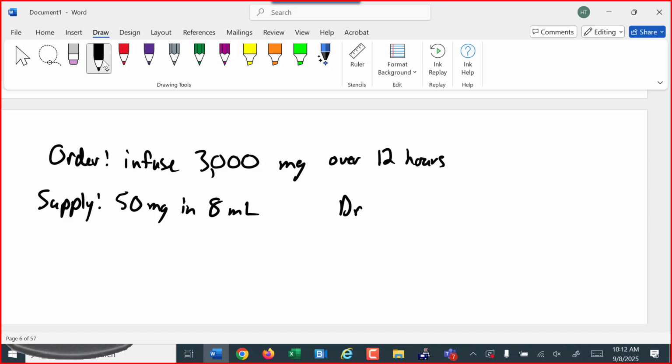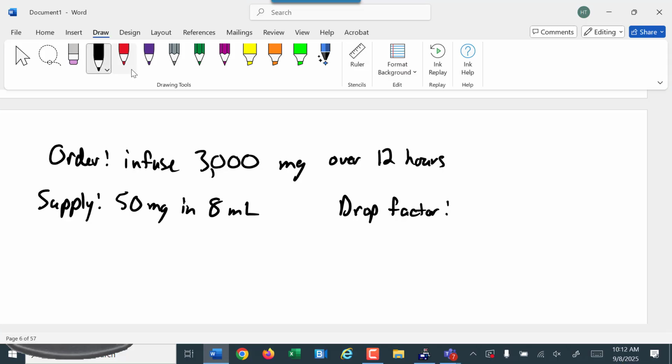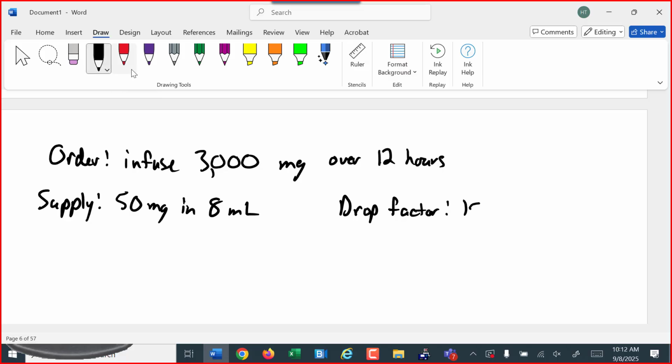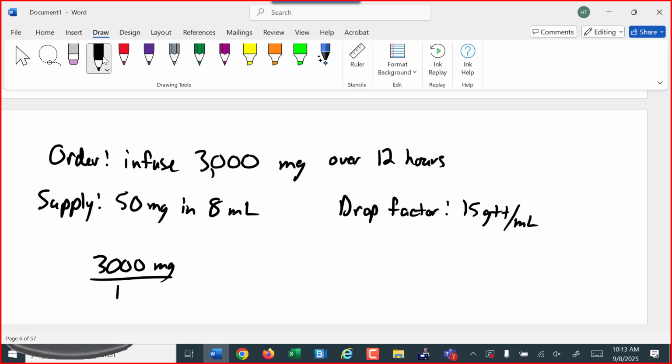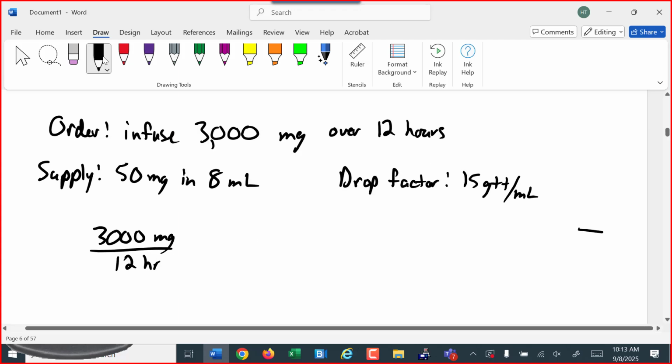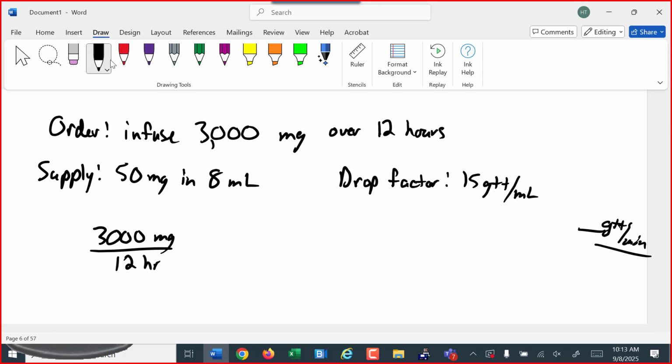And for this mixture of our fluid and orifice, we have a drop factor of 15 drops per milliliter. So we will start with the doctor's order here. The 3,000 milligrams over 12 hours. I should mention, by the way, yes, we are going for drops per minute as our final unit here.